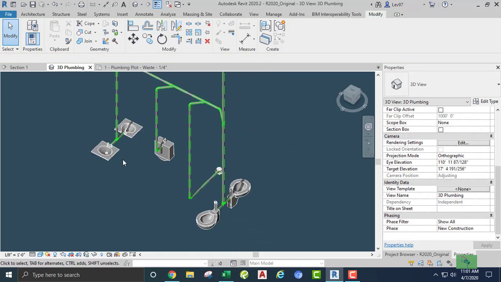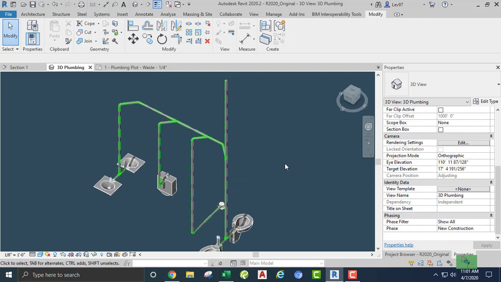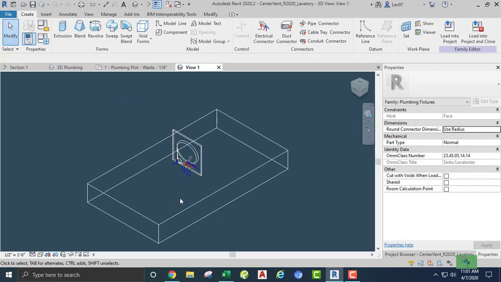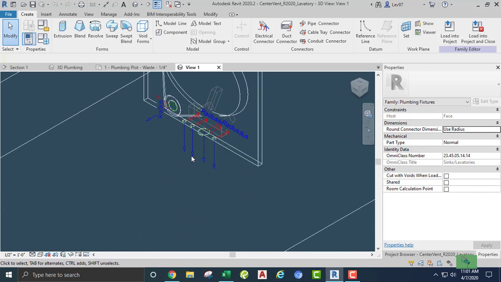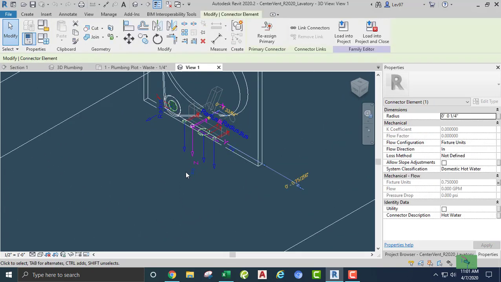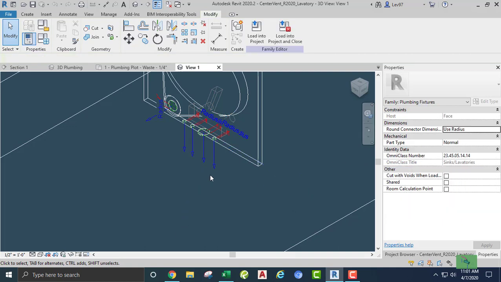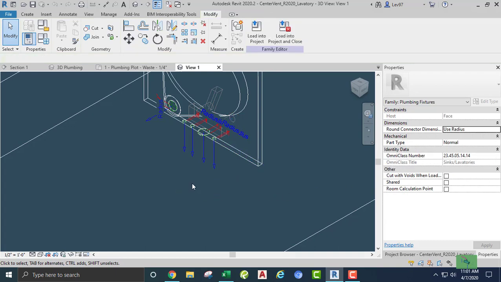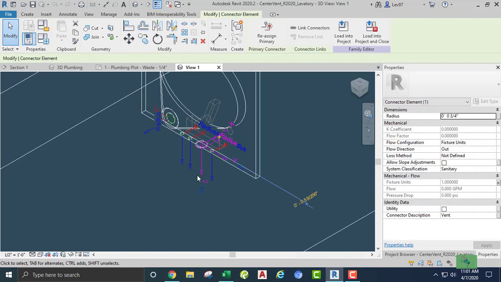So anyway, when you look at these, the flow direction for hot water, it comes from the city and goes into the fixture. The cold water goes into the fixture. The vent, does it go in or out?